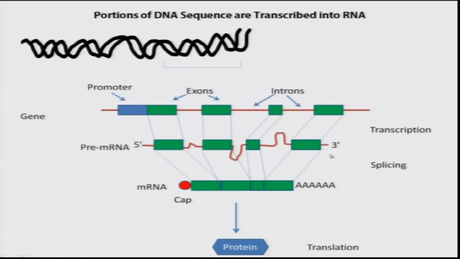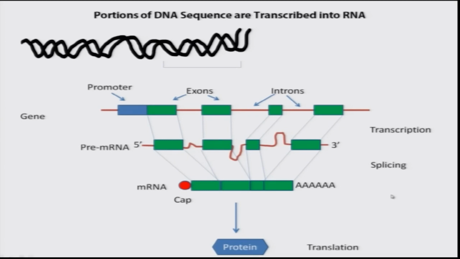So what it does is basically copy the sequence such that one of the strands is faithfully copied into an RNA strand. Now during this process, when the RNA is made, which you call pre-mRNA, this RNA undergoes certain changes, and this process is called splicing.